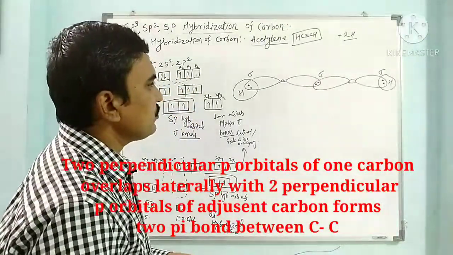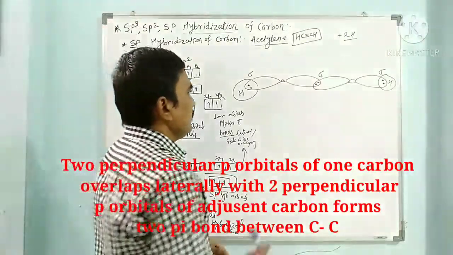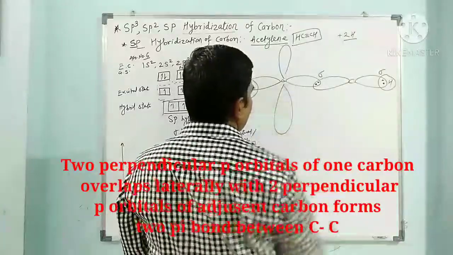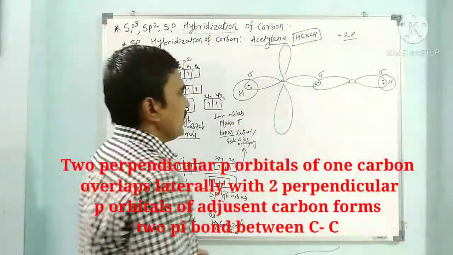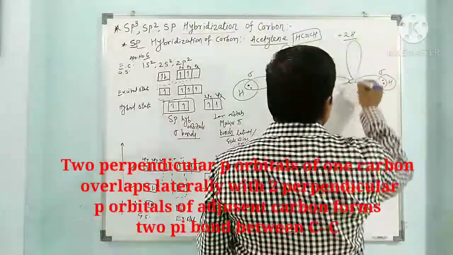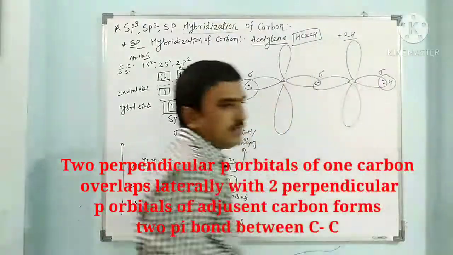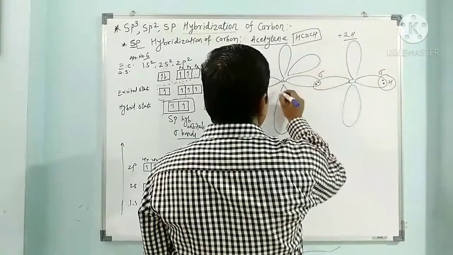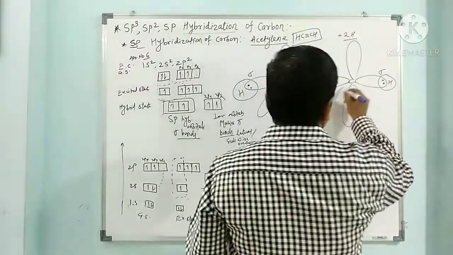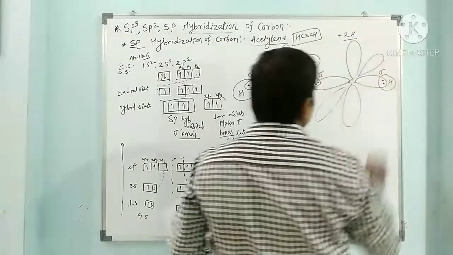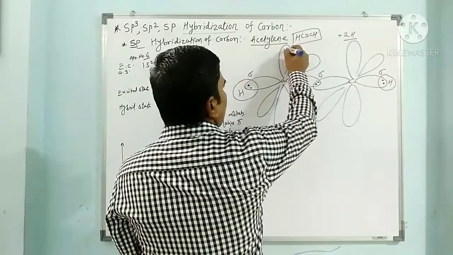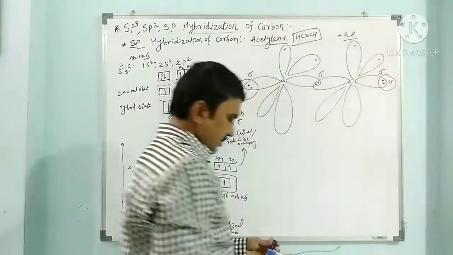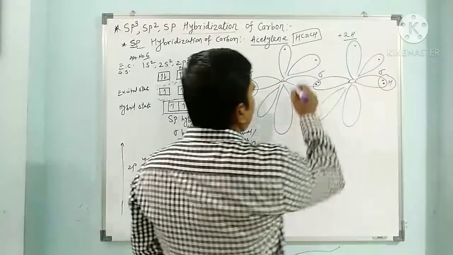Here in the 2py and 2pz orbitals, this carbon is having one 2py orbital, and the other is also having a 2py or 2pz orbital, and here is the second perpendicular p orbital. In each one electron is there, and they overlap laterally.